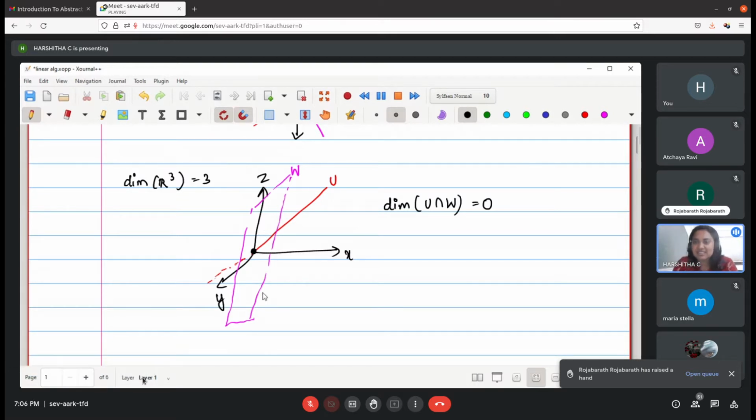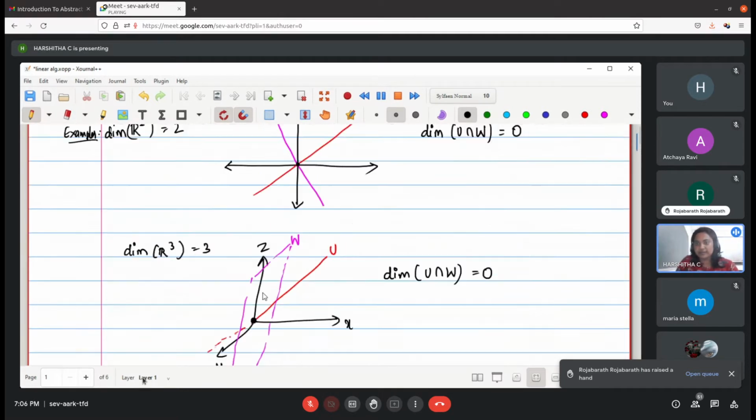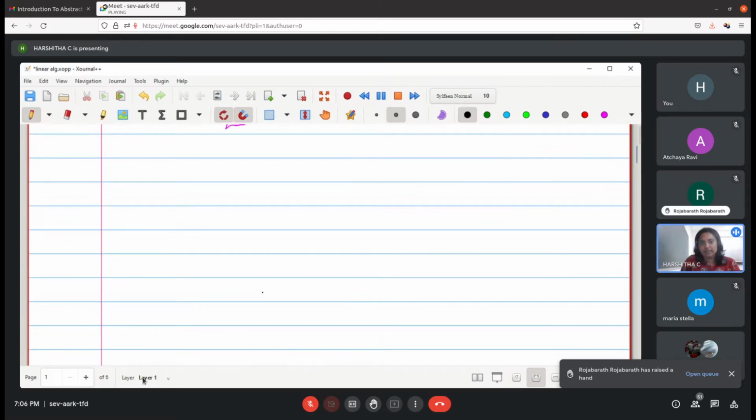Okay? So this is just a nice way of imagining things, to give you an idea of what is happening. So here what do we have? We have a vector space V. We have two subspaces, U and W, and we know the dimension of all these 3 spaces.